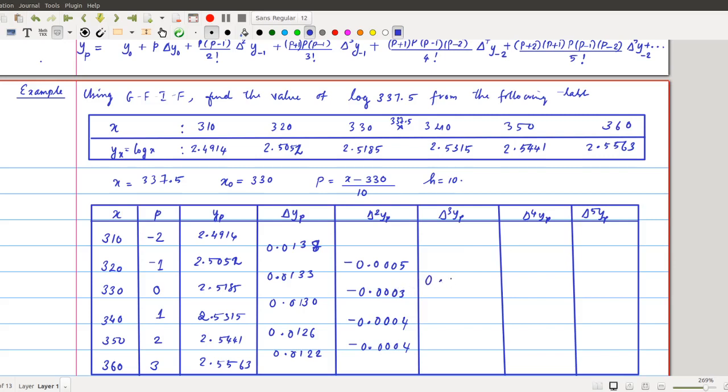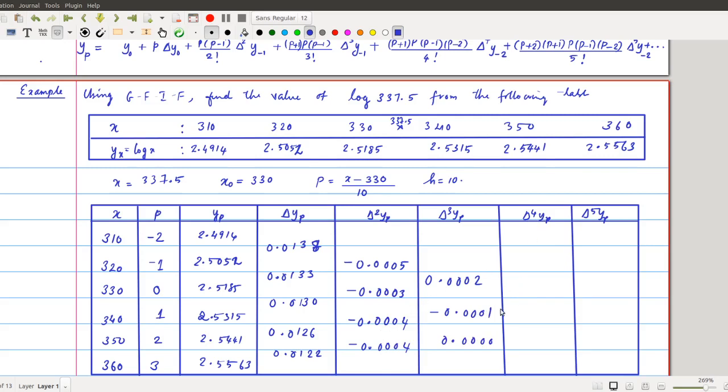The third order differences will be the difference between these two, that will be 0.0002, and between these is minus 0.0001, and between these two it is 0.0000, because both values are the same.